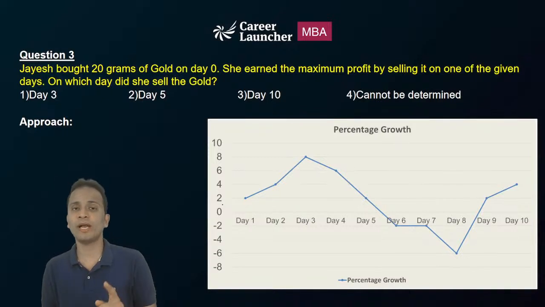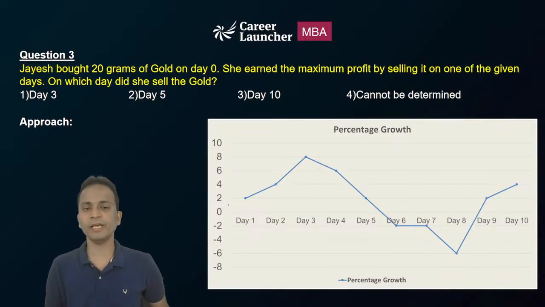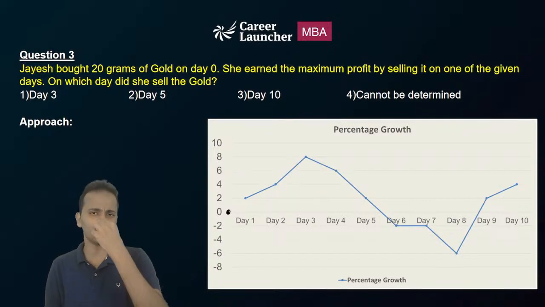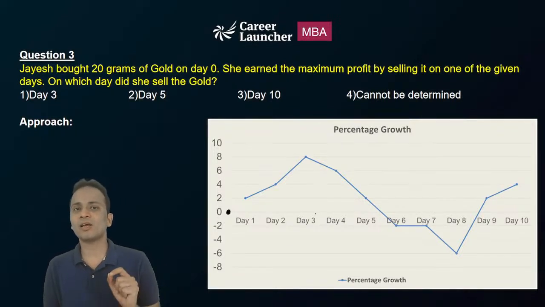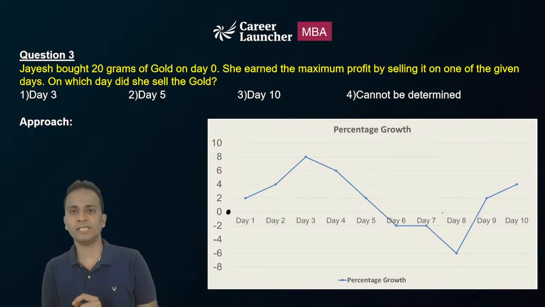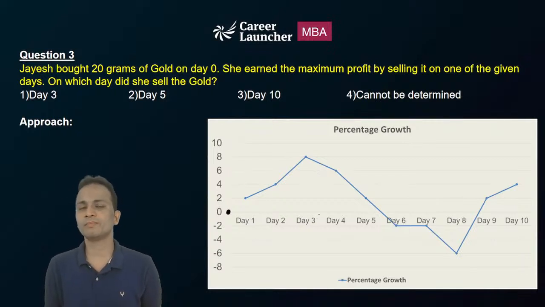Again, this is not required to answer this question. Whatever the price was on day 0, look at the graph. We have to find out on which of these days selling this entire gold would get him or her the maximum profit.